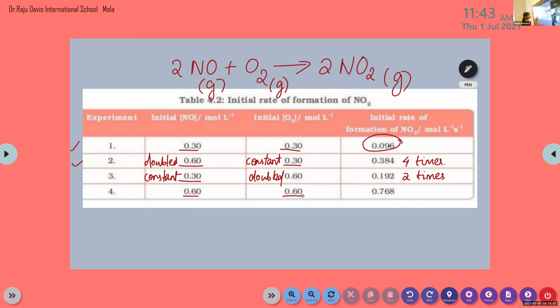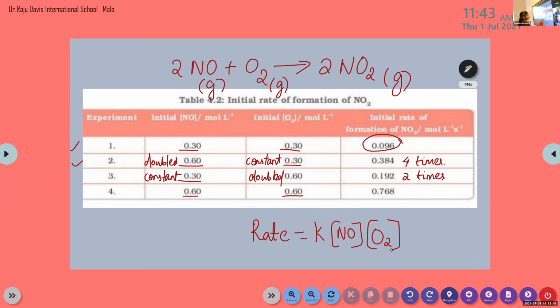So, according to this observation, we can write the rate of the chemical reaction as K times the concentration of NO and the concentration of O2, with powers on these concentration terms.